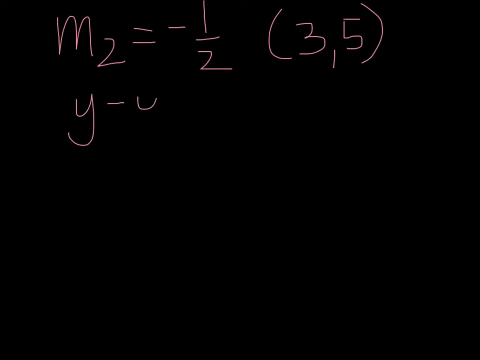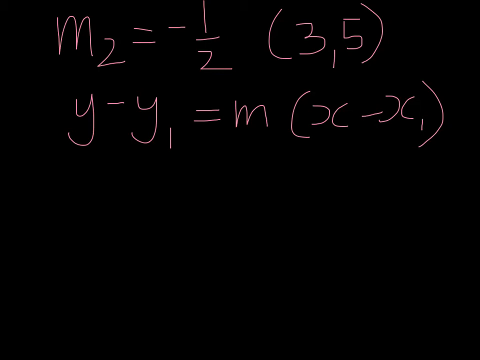We know m2 is negative 1/2, and we also know that this new line is passing through the point 3,5. So we're going to sub it into our formula. Now I'm going to use this formula: y take y1 equals m, x take x1.